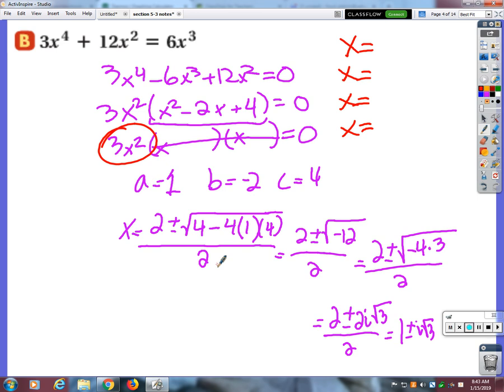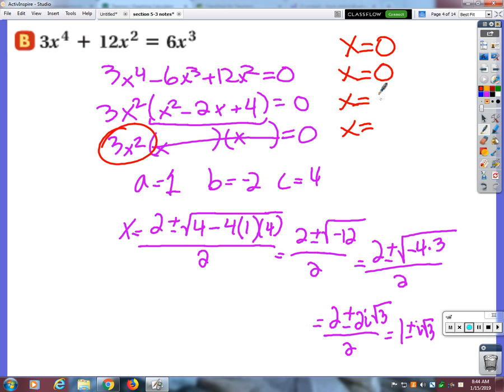And so we know that this has to equal 0 for this times this to be 0. So one of the answers is 0. Since this is an x squared, what's another answer? Or I should say, how many times does 0 come up? Twice. So this gives us two answers that are both 0.